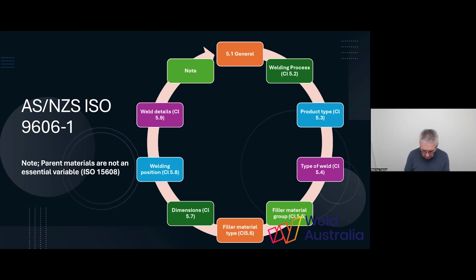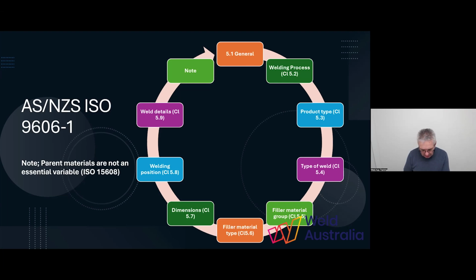The designation of a weld qualification shall comprise the following items in the given order. So the number of part, so ISO 9606, and then it goes through the essential variables. So welding process should be the first thing we see. The second part should be the product type, whether it's plate, pipe, whatever.